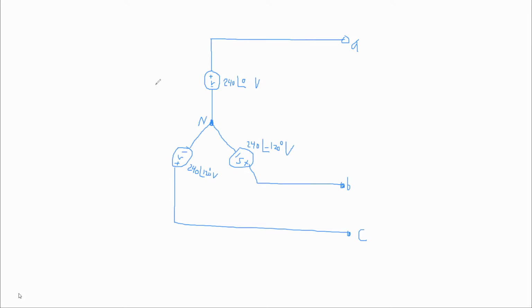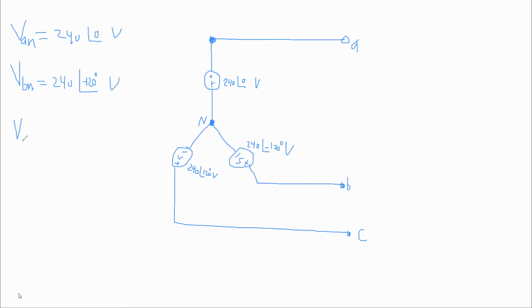Now, what is the voltage between A and N? It means between the point A and the point N here. This voltage is 240 angle 0. Then between B and the neutral, VBN is 240 angle minus 120.